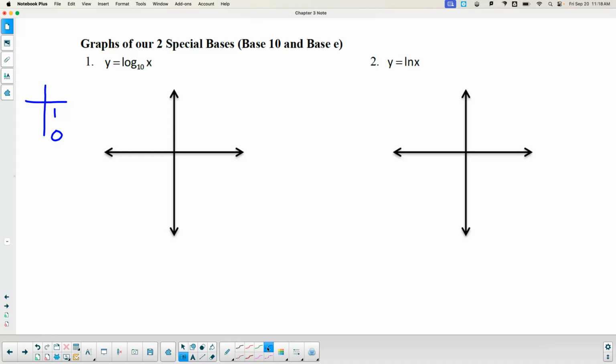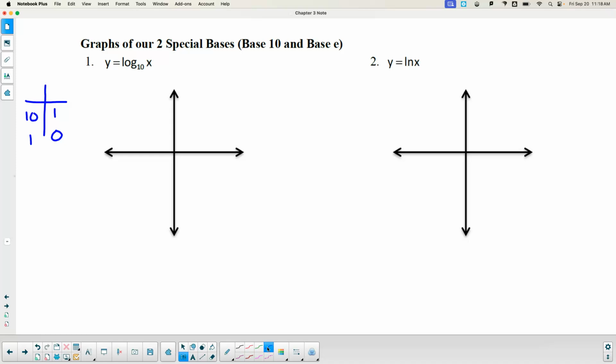Okay, well, 10 to the first power would give me that one. 10 to the 0 power is 1. So that would go through those two points right there.